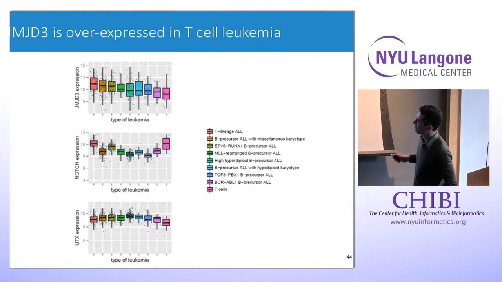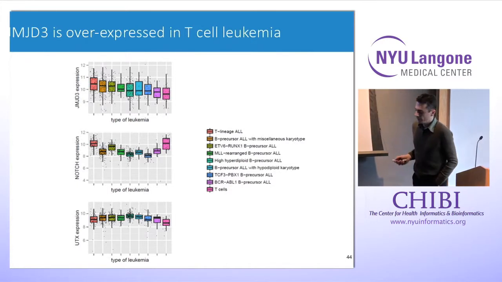So these are some quote-unquote normal T cells. I don't know exactly what happens here. I guess Notch is needed during development. That's right, I think that explains it. But when you focus on leukemias, Notch again has the same pattern, highly expressed in T-cell leukemias compared to other types of leukemia. UTX, on the other hand, didn't have this pattern, so it was kind of flat.